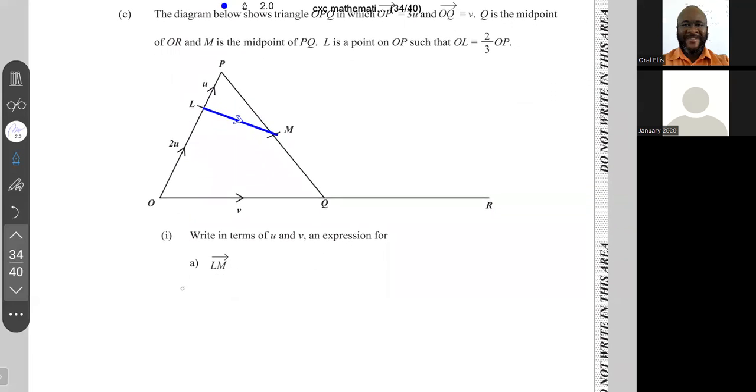I could say that LM is equal to LP plus PM. Now, PM, sorry, I need PQ first.